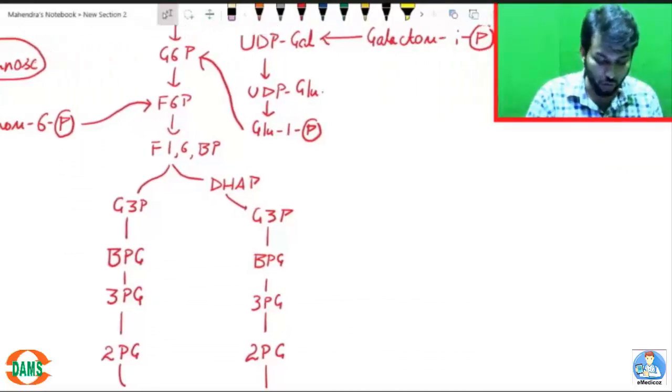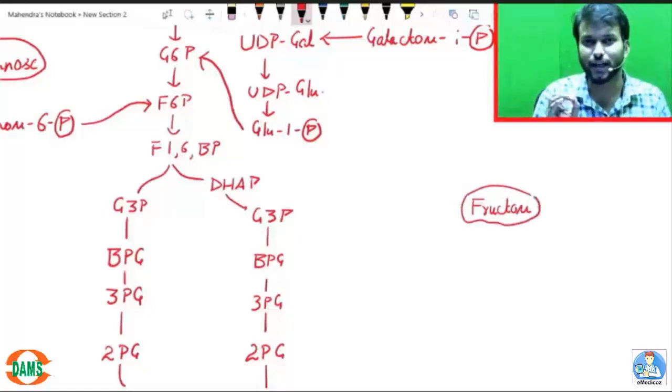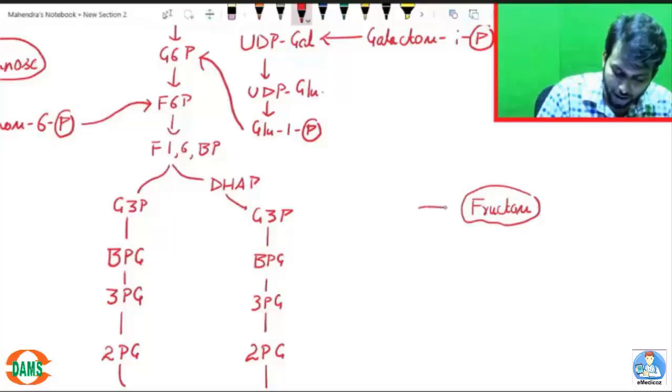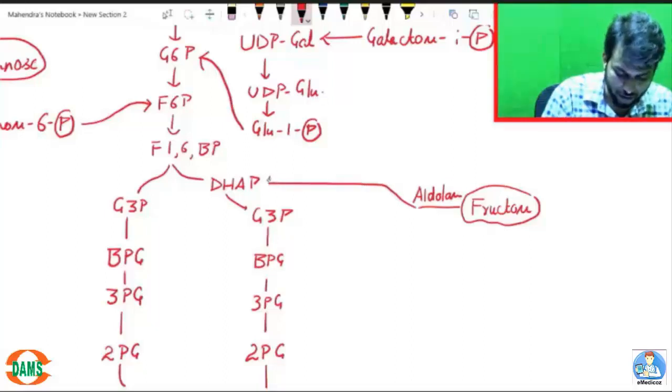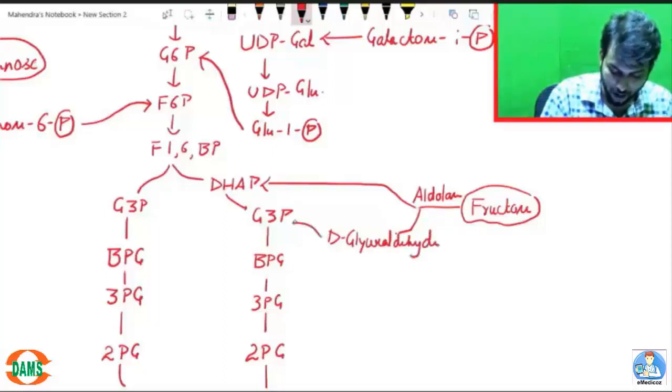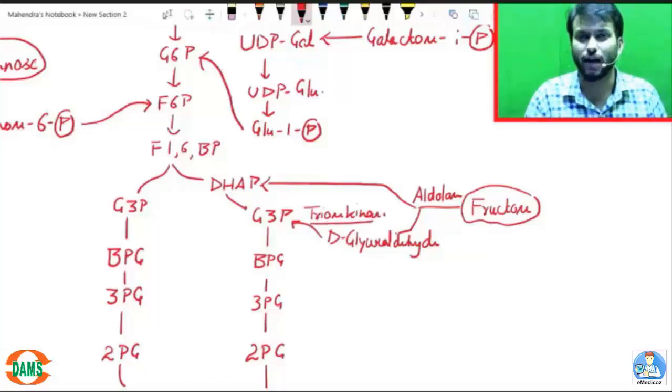There is another molecule known as fructose, which enters this glycolytic pathway by being converted with the help of aldolase to dihydroxyacetone phosphate, or through glyceraldehyde, which is converted with the help of triose kinase to glyceraldehyde 3-phosphate.